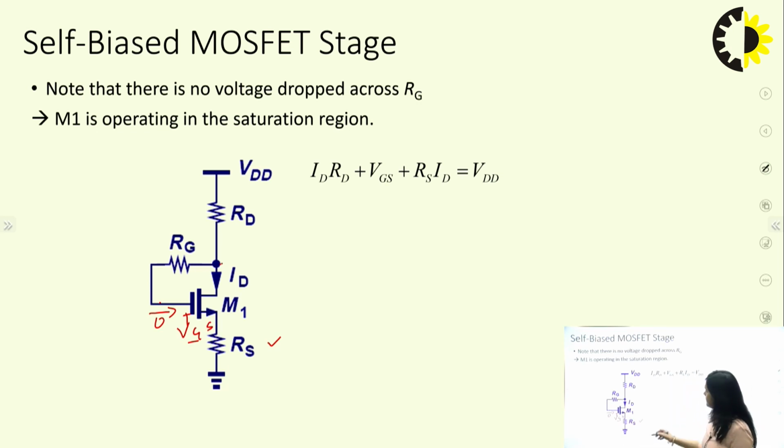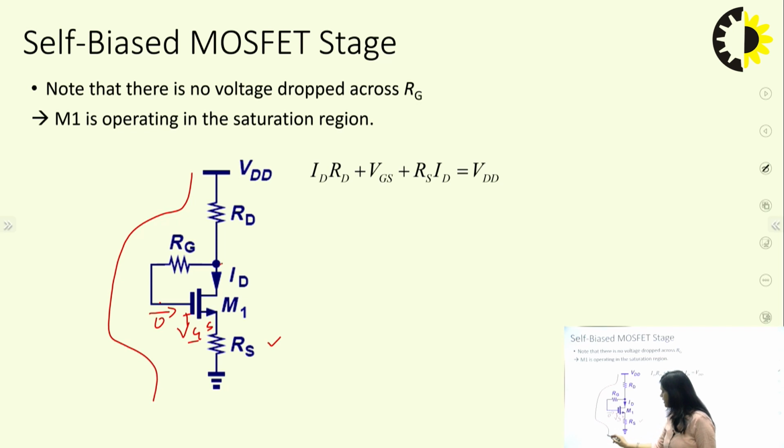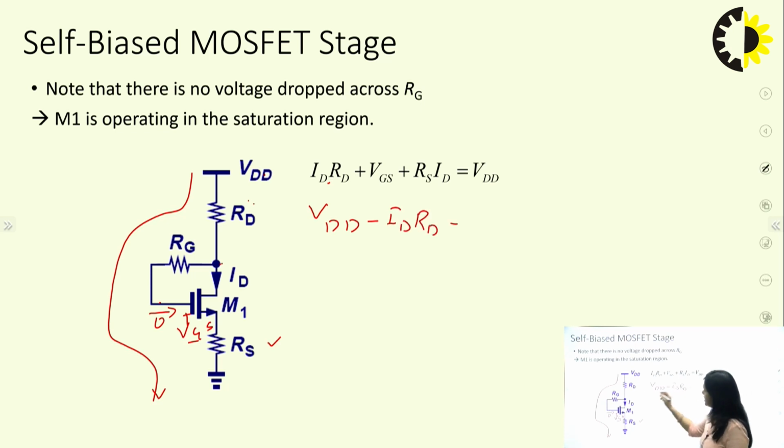If we apply the KVL in this input loop, the equation will be VDD minus IDRD minus IG into RG, which is 0, minus VGS minus Is into Rs equals 0.